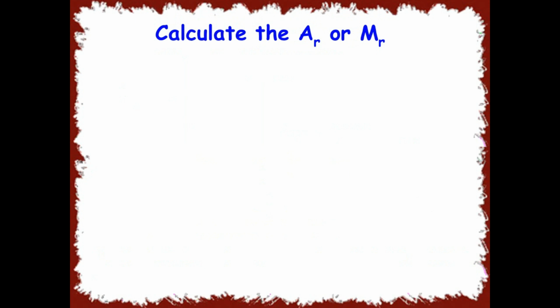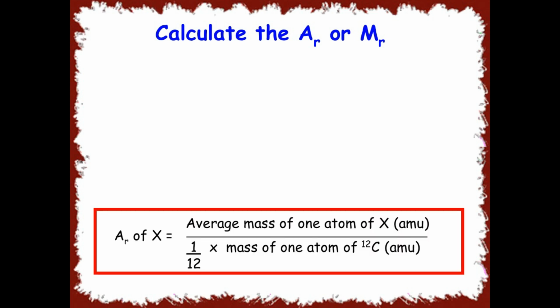Let's calculate the relative atomic mass or relative molecular mass values. To calculate the relative atomic mass, we use the formula relative atomic mass of X is equal to average mass of one atom of X in unit amu or u divided by 1 over 12 multiplied with mass of one atom of carbon-12 in unit amu or u.